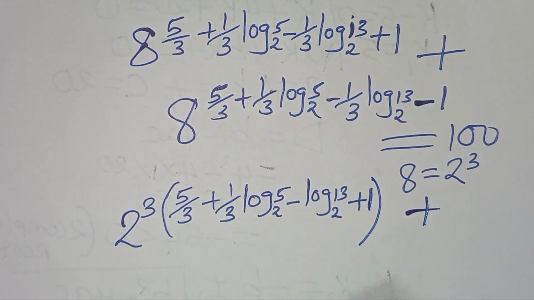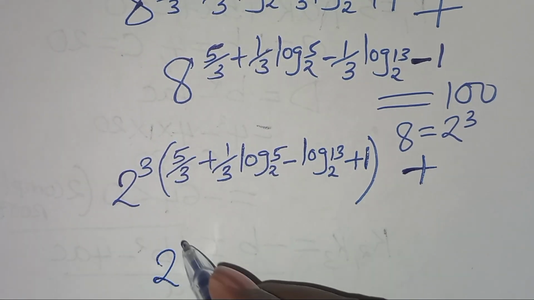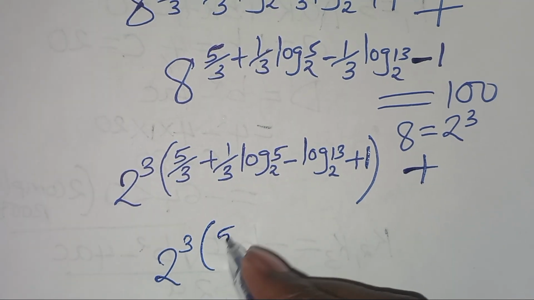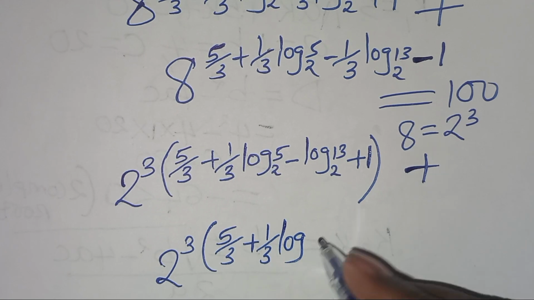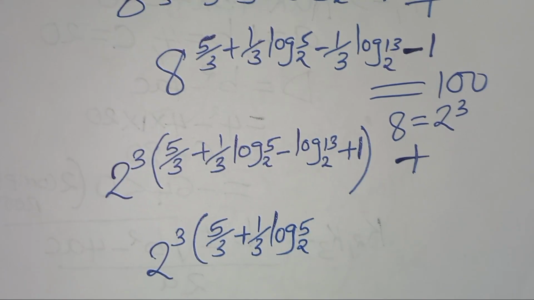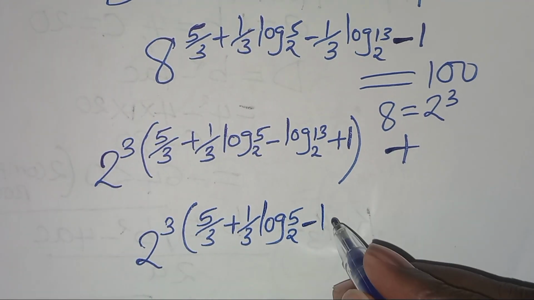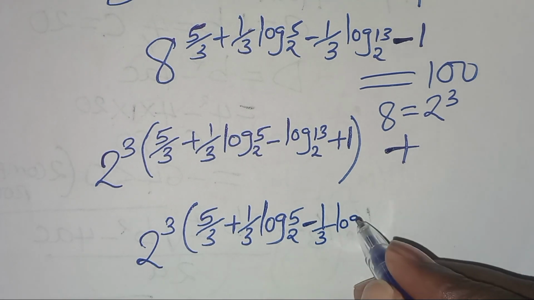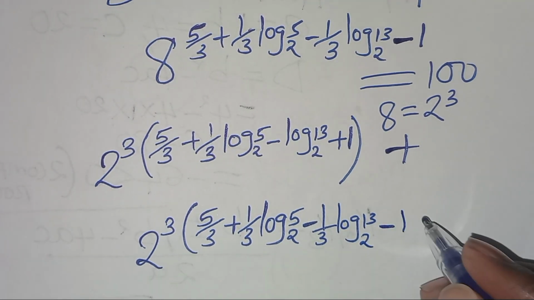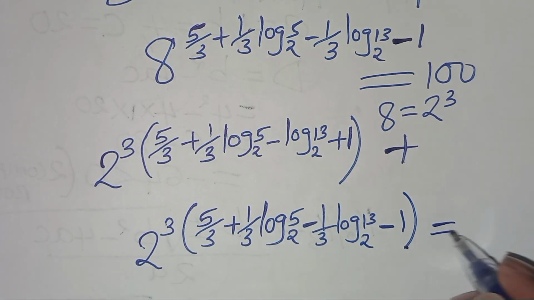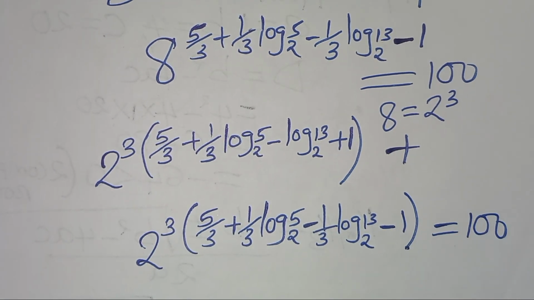Now plus, again 2 to the power 3, 5 over 3 plus 1 over 3 log 5 to base 2, subtract a third log 13 to base 2, subtract 1, close the bracket. This should give us a value of 100.